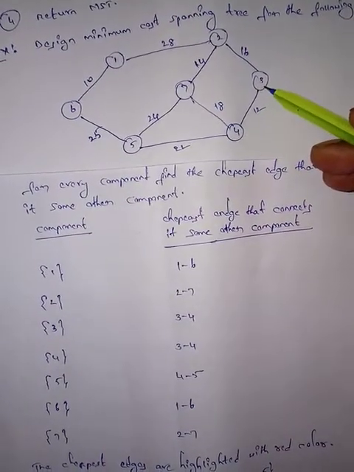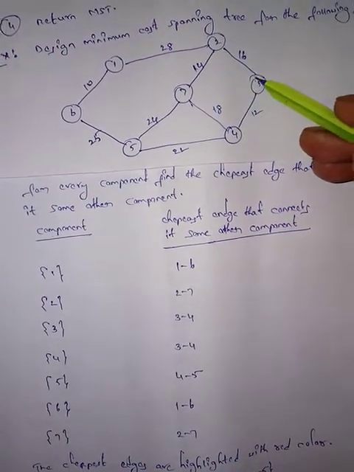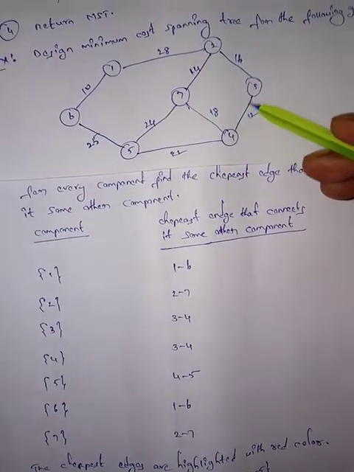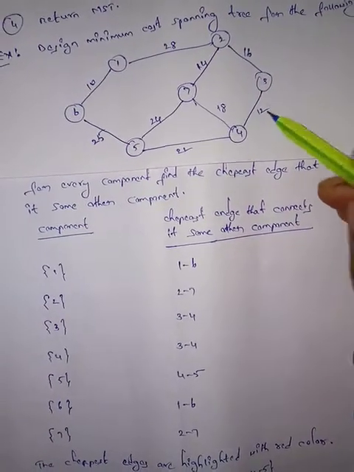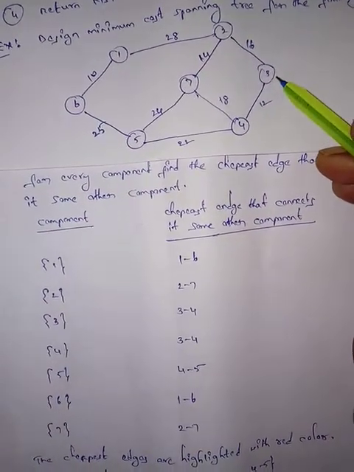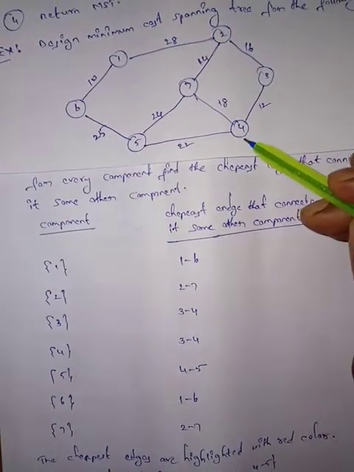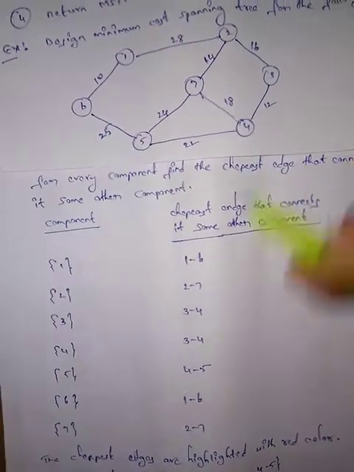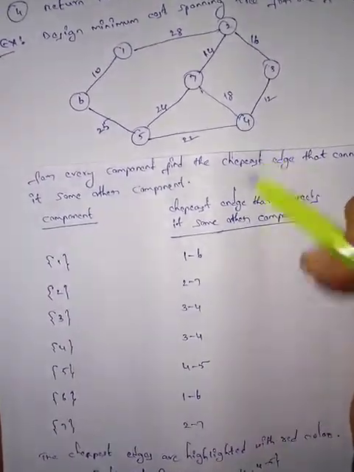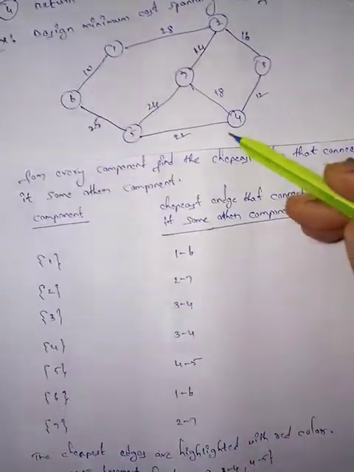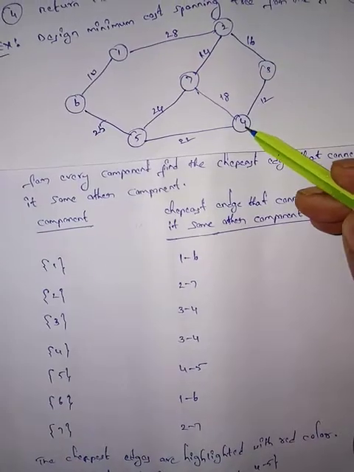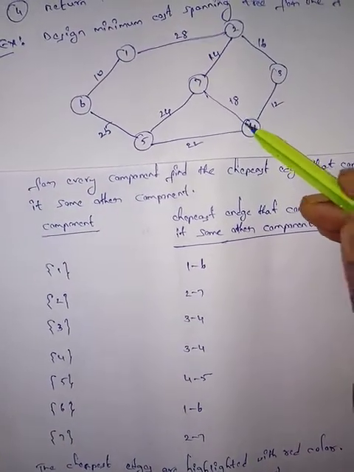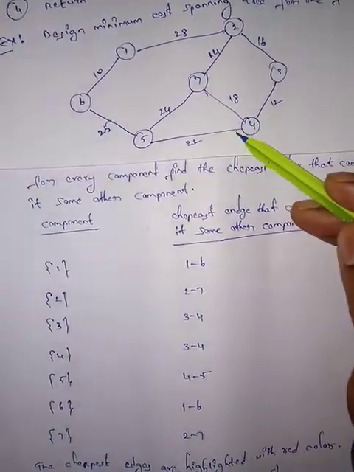Next component is 3. Vertex 3 is connected with 2 edges. Out of these 2 edges, this is the minimum cost. The source vertex is 3, destination vertex is 4, 3 to 4. Next component is 4. 4 is connected with 3 edges.